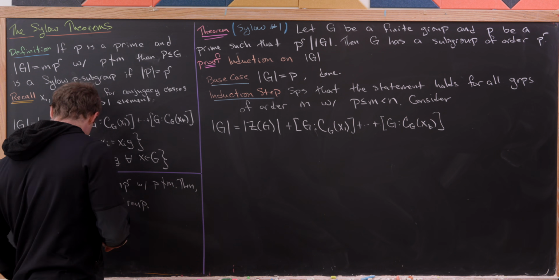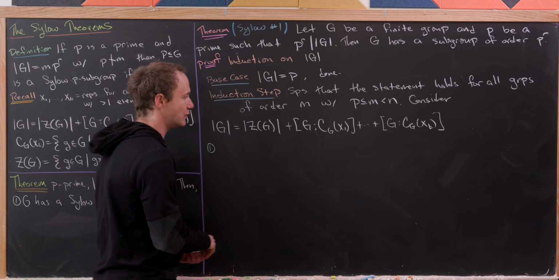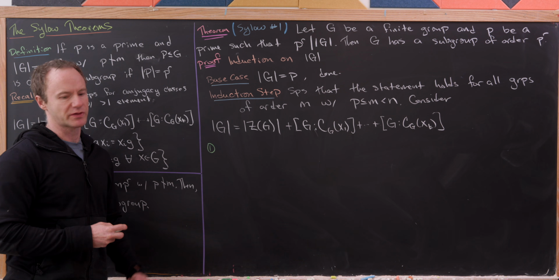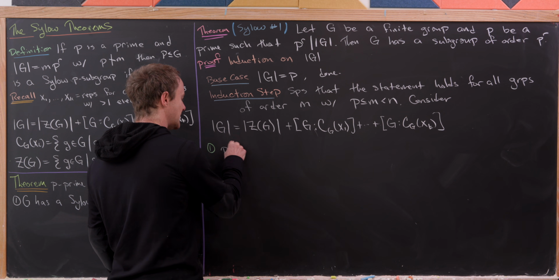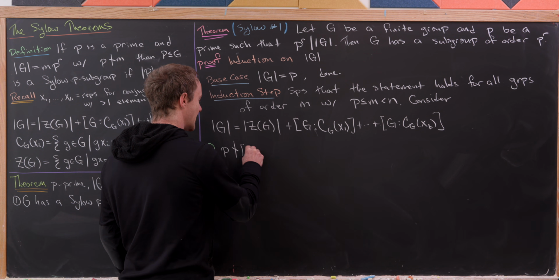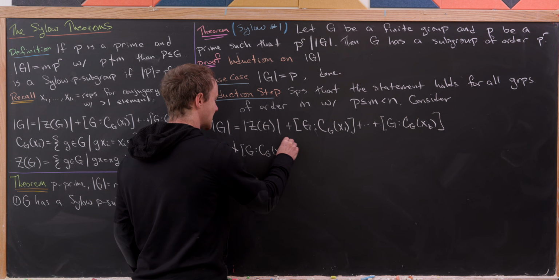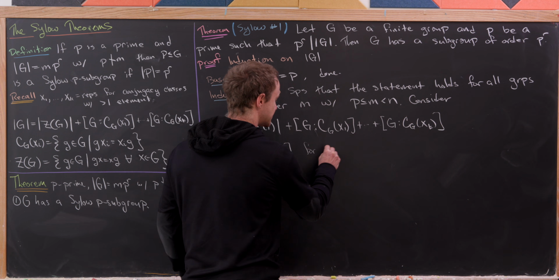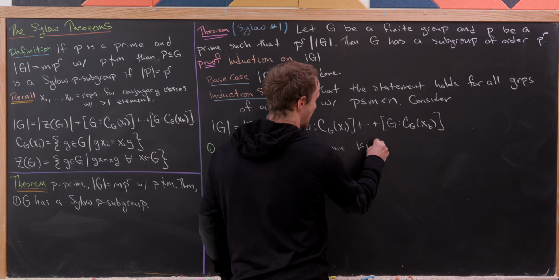And now we're going to break this into two cases. And those cases have to do with the divisibility of these indexes with respect to p. So let's start with our first case, and that would be p does not divide this index of the centralizer of xi in G, for some i between 1 and k.